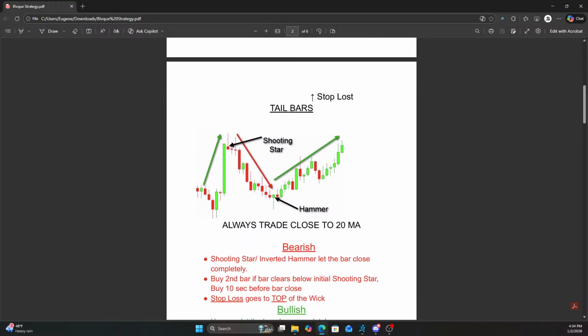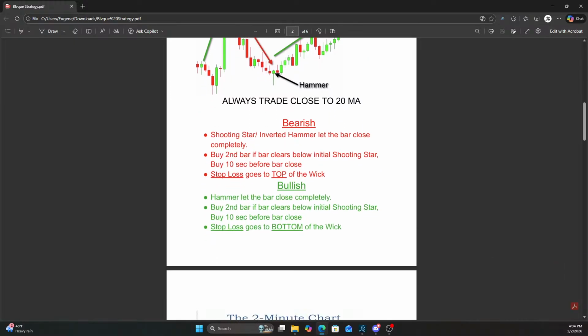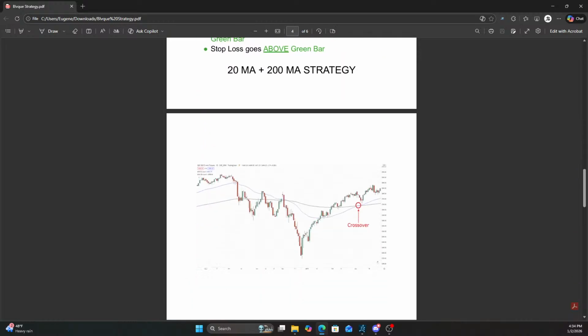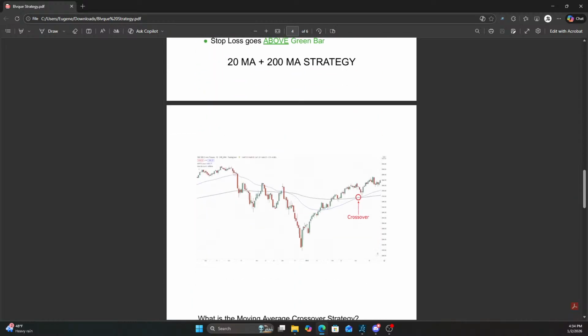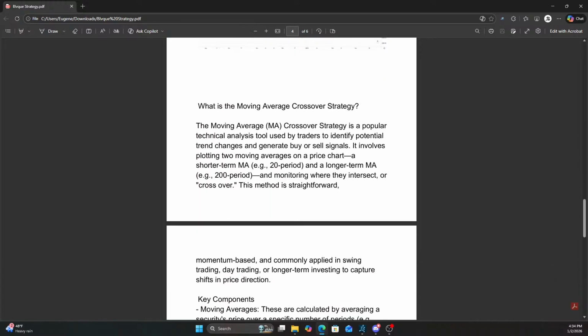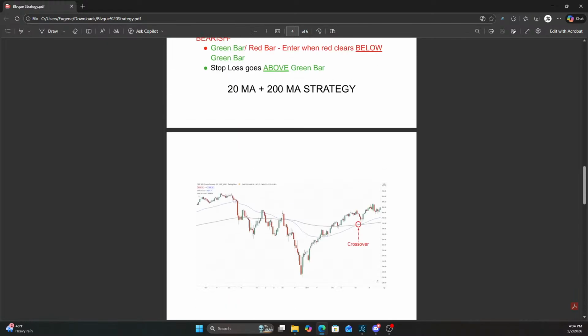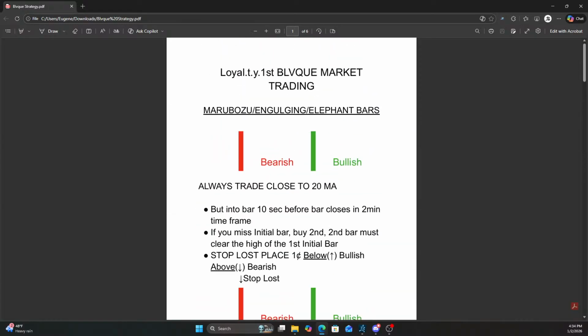That's pretty much when we trade from the tail. Shooting star and a hammer. The color change. And the 20 and 200 moving average. All right, this is what we are looking for.